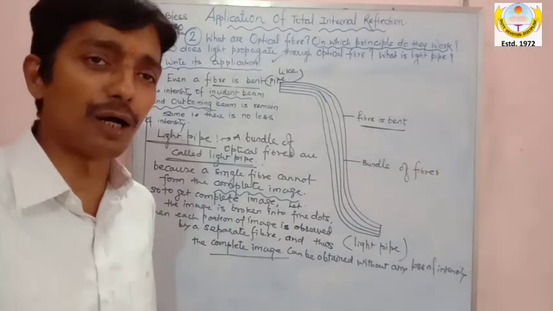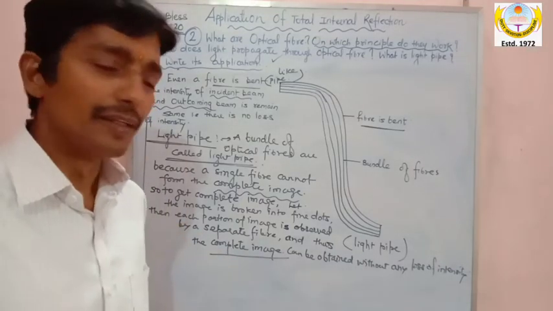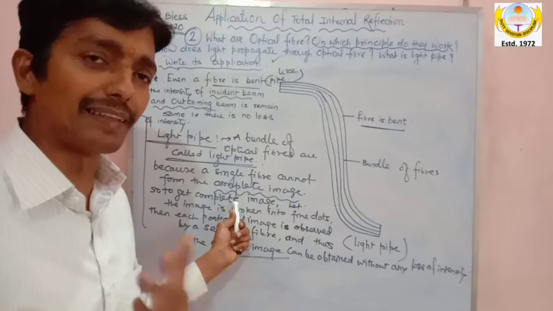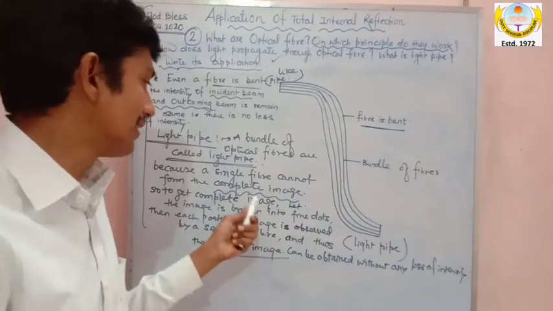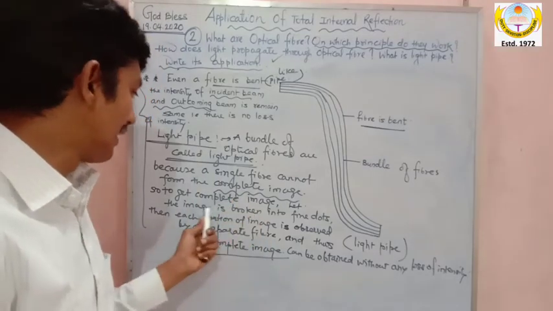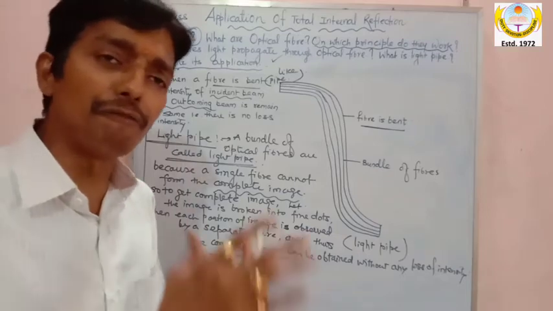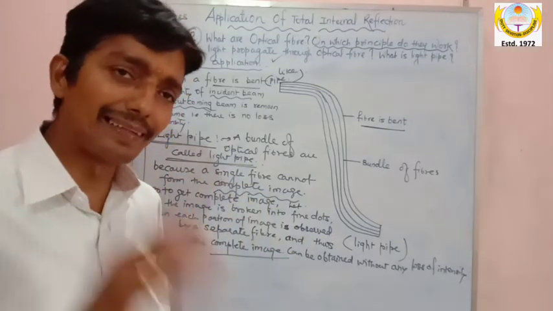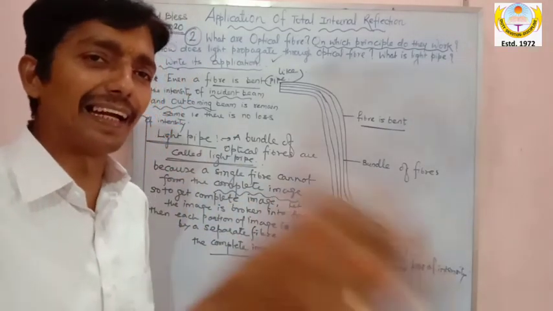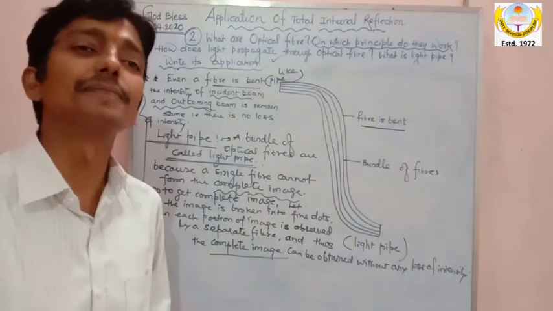And therefore science thought, let us first divide the image to get the complete image. The image is broken into fine dots. And then science assigned that one fiber will observe one dot.